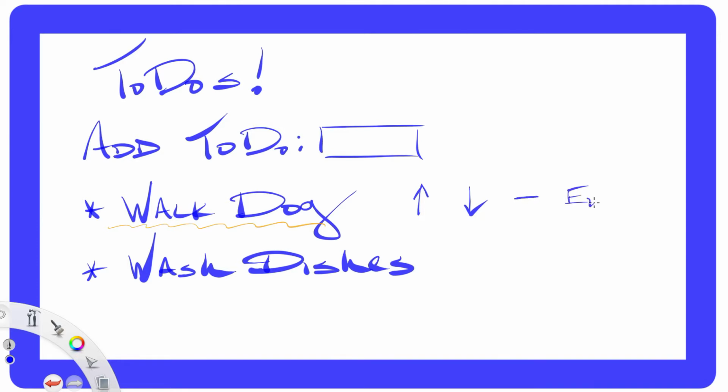We need to be able to edit an item, and we need to be able to mark an item done. All right, so these are little buttons, and we will repeat the buttons next to each one, at least in this app.